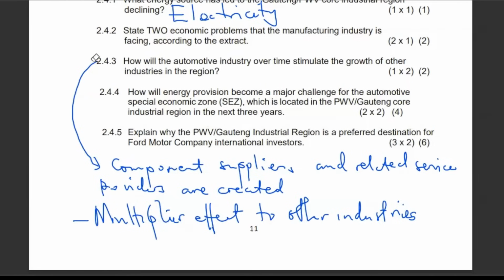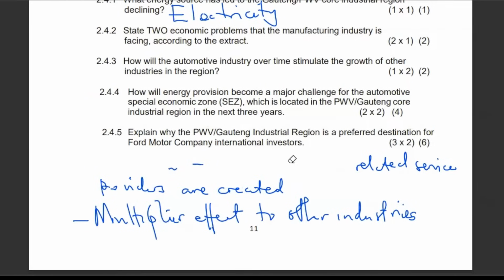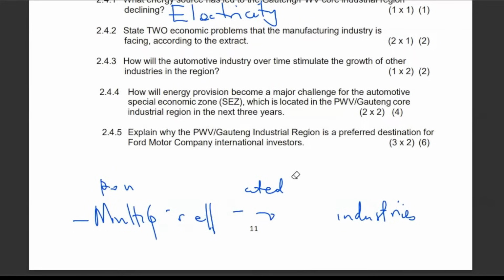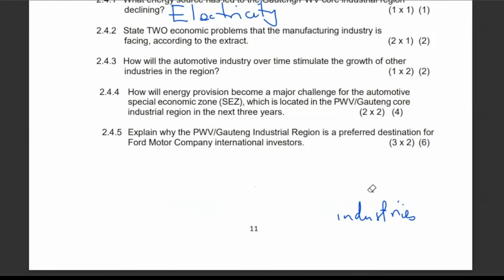Next question is saying, how will energy provision become a major challenge for the automotive special economic zone, which is located in the PWV Gauteng core industrial region in the next 3 years? We are looking at energy provision.